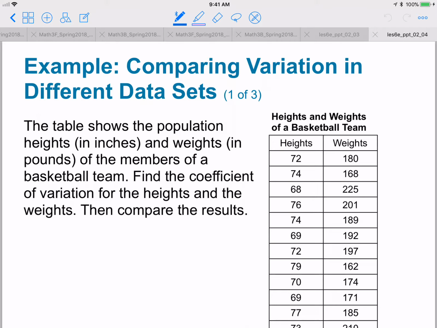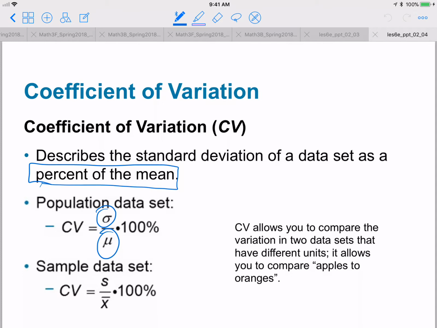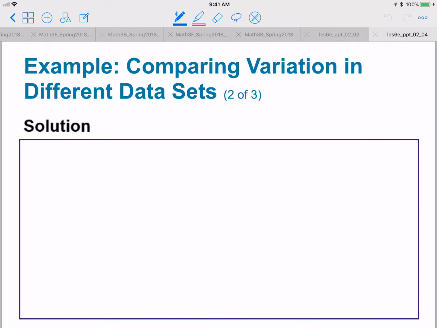So here's what we're going to do. Let's go back to our formula. The coefficient of variation is the standard deviation over the mean times 100%. First we're going to do it for the heights.